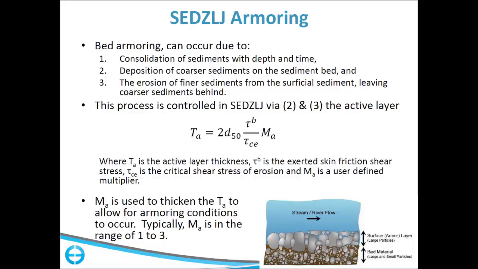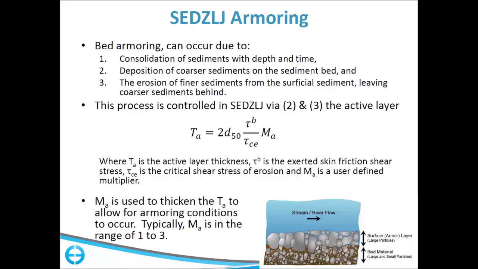And as I mentioned, it's a computed value that changes as your applied shear stress at the sediment water interface changes. So the higher your applied shear stress, the greater your thickness. As the shear stress drops, the thickness drops.